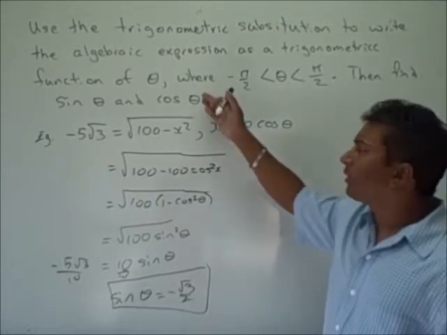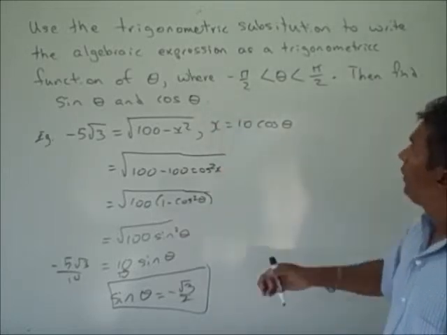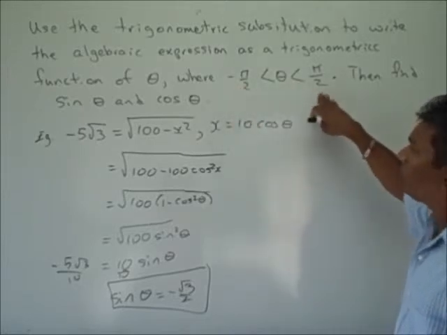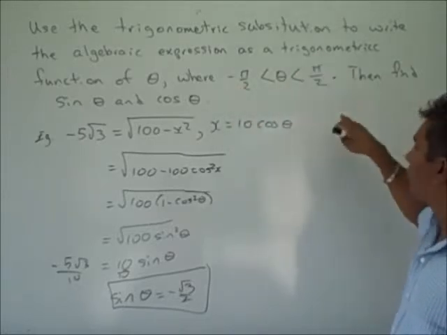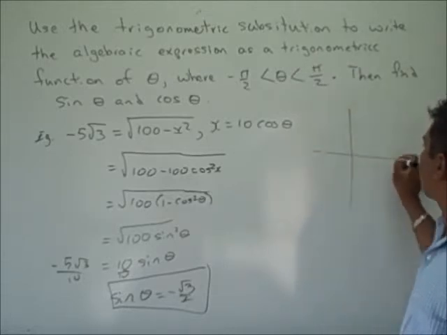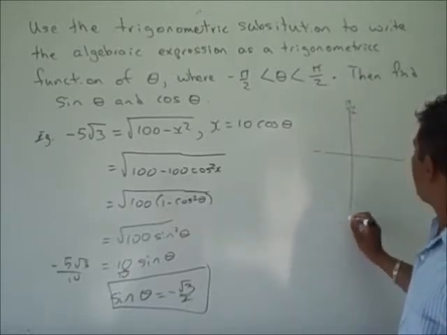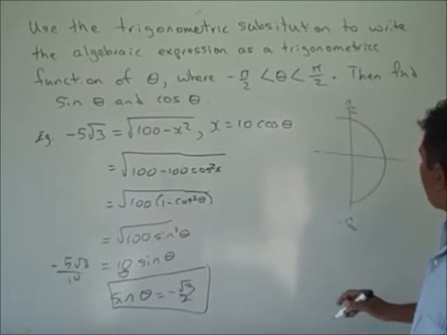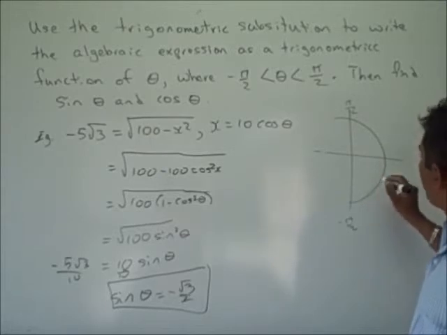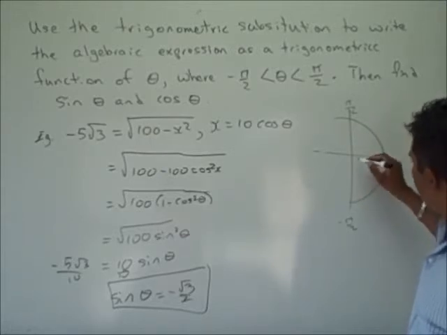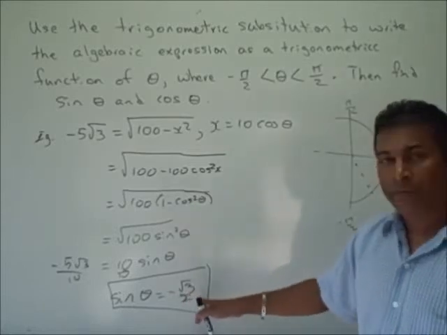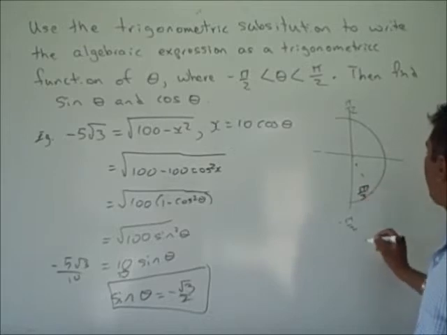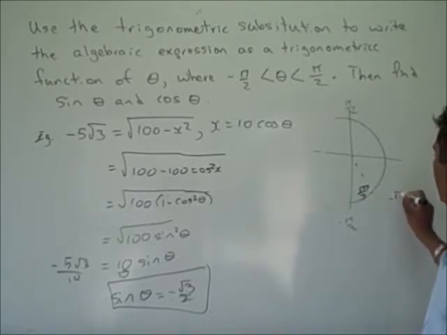Now we're also trying to find cosine theta. We're told that our angles are from negative pi over 2 to pi over 2. So this is in our first and fourth quadrant. Going back to our unit circle, the angle with a sine of negative square root of 3 over 2 is equal to 5 pi over 3.